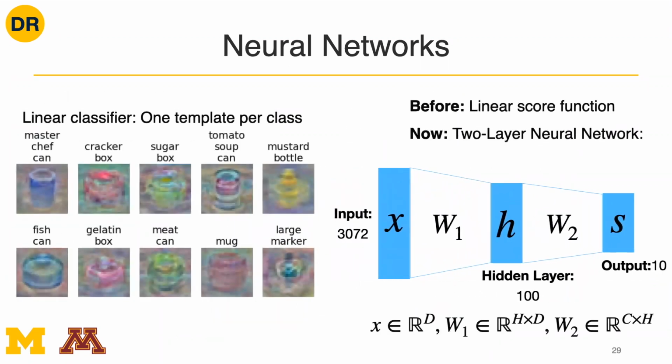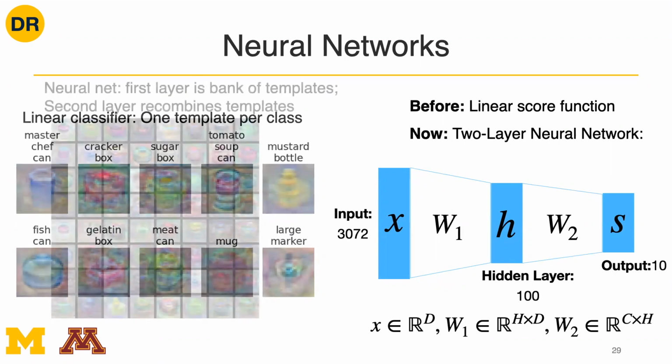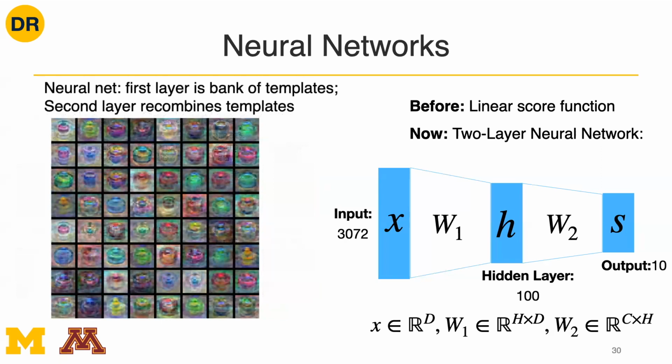So we saw that in the linear classifier, we were able to visualize the weight matrices and said each row of the weight matrix can be transformed into an image. It talks about the template or a representation for a particular class. Can we do that for neural networks? We can, but it's hard to see what is happening.